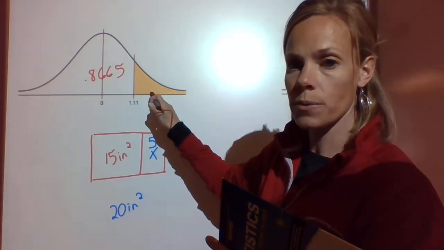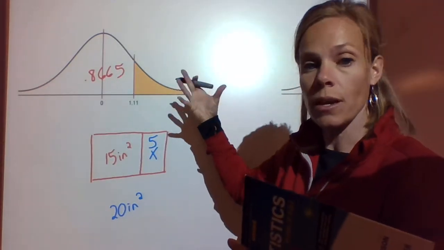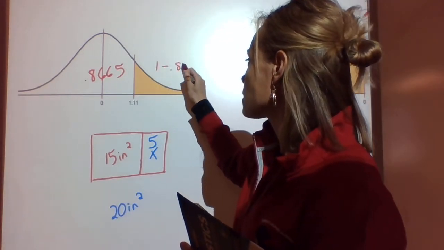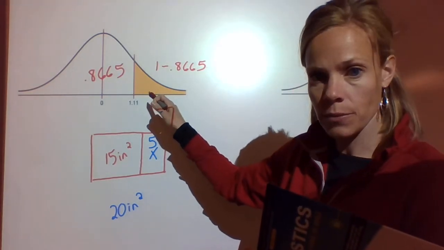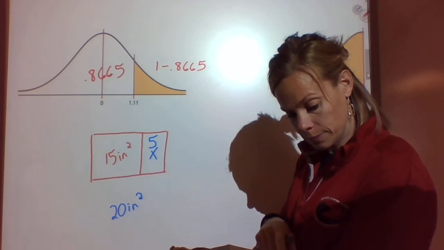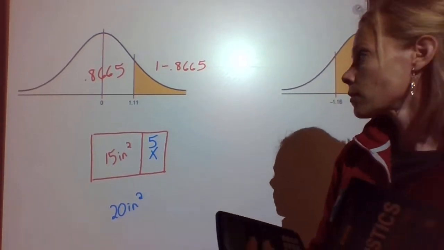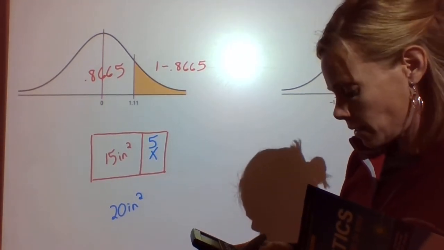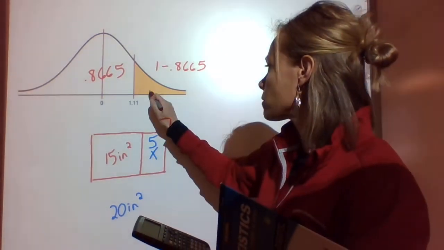So I know this is 0.8665, but I don't want that. I want the yellow region. So if I know this whole thing equals 1, 100%, I can take 1 minus that and get this yellow region, which would be what? 1 minus 0.8665, 0.1335.